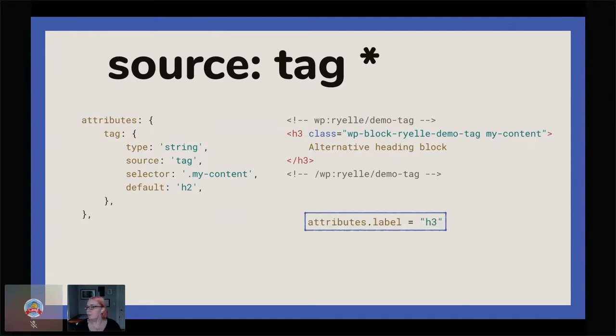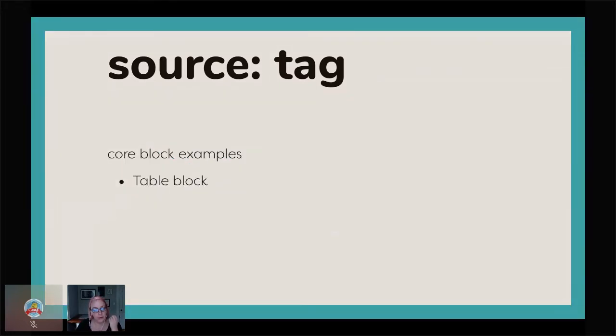Then we know that the tag will be an H3. I really didn't update my slides correctly. That should say attributes.tag. Okay. So that is actually only being used in the table block right now. It is used to see if it's a table header or table cell.